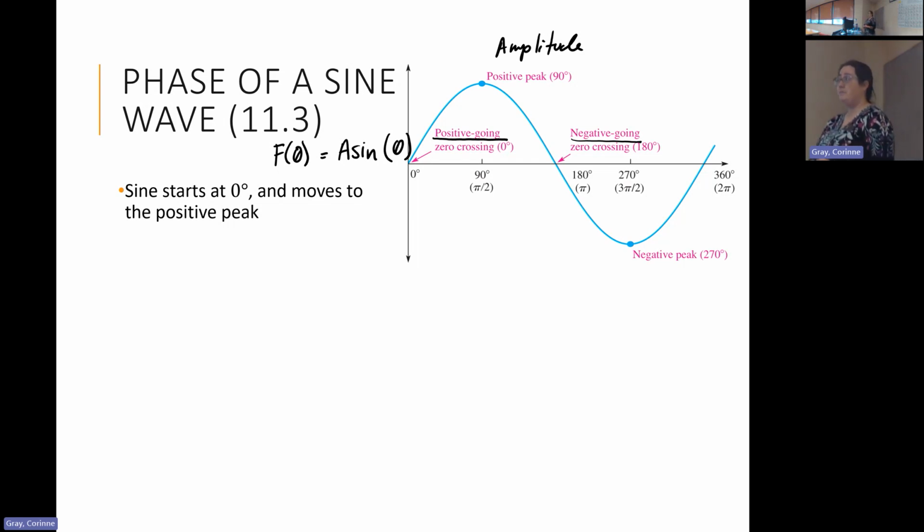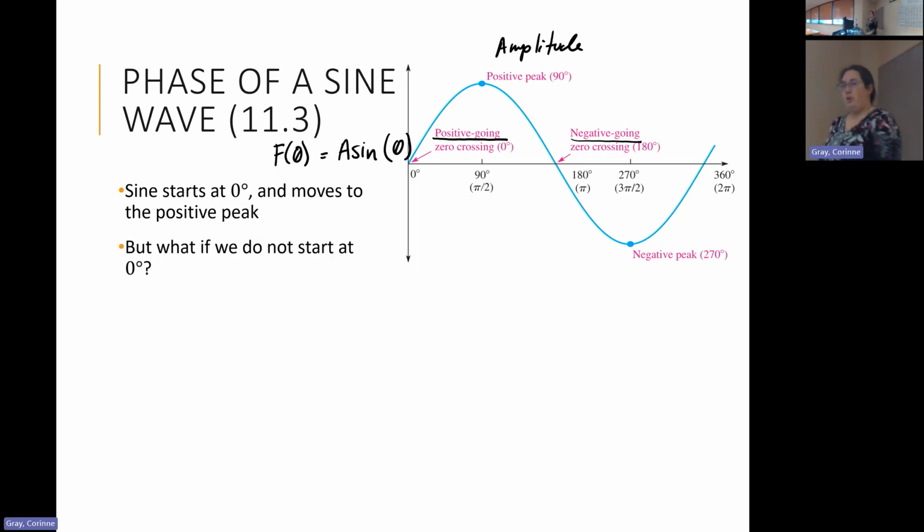For this part of the textbook, the focus is on 0 to 90 and 180 to 270. When we look at phasors on Thursday, we can start wherever we want, but the method is going to be a little bit different. So focus on that more then.